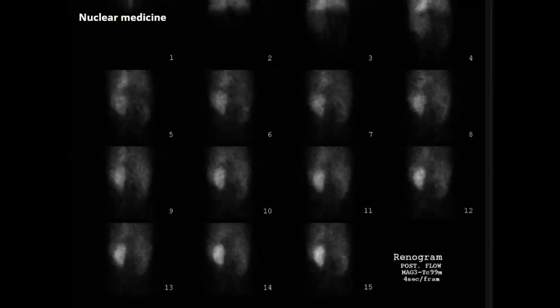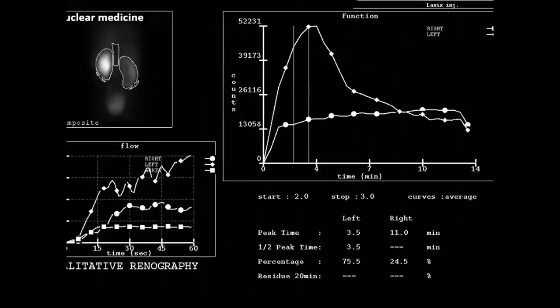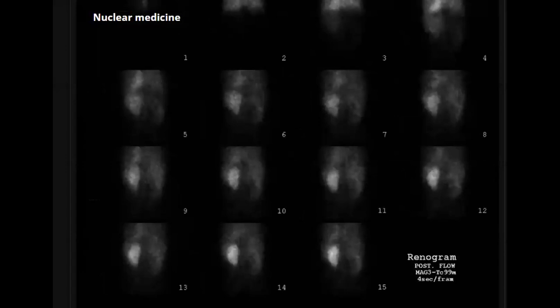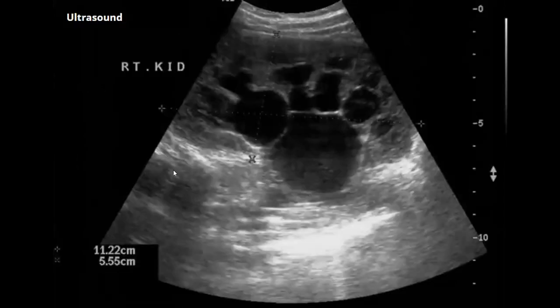So we think about which type of abnormality. Anyone know what it could be? What do you expect in the ultrasound of this patient? What could be the underlying pathology? It is obstruction. This patient has obstruction, exactly. And that's the appearance. So you will say, I will correlate with ultrasound to confirm my finding of obstruction.